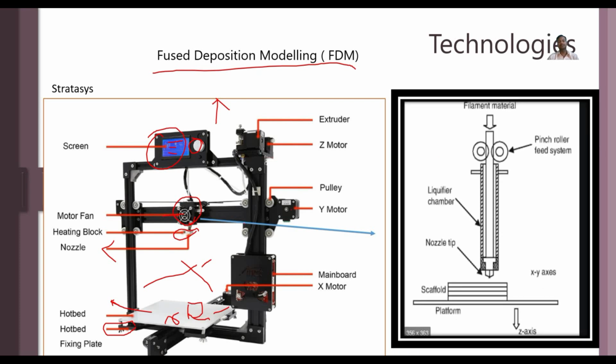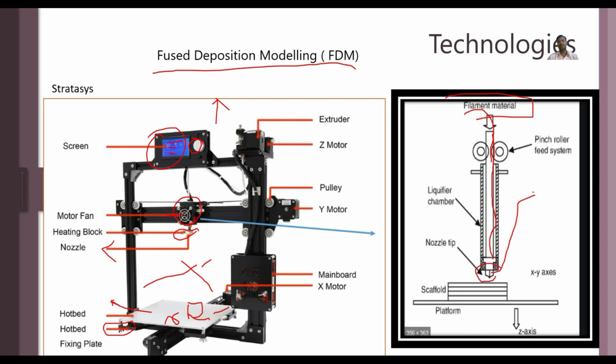This is the microscopic view of the nozzle, where the filament material passes through the spool and the pinch rollers feed the system by rotating in different directions of the spool. The material filament passes through the liquefied chamber and enters the nozzle. This is very important.